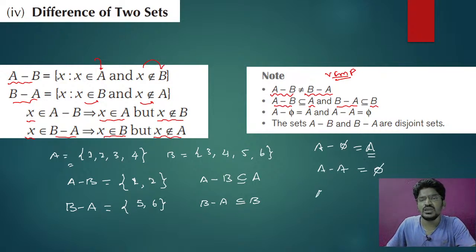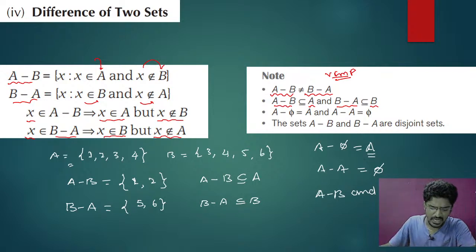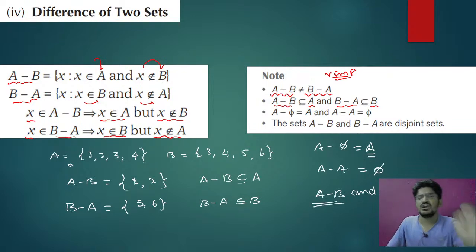In the same way, A minus B and B minus A are disjoint. They are disjoint because they are not going to have any common elements.